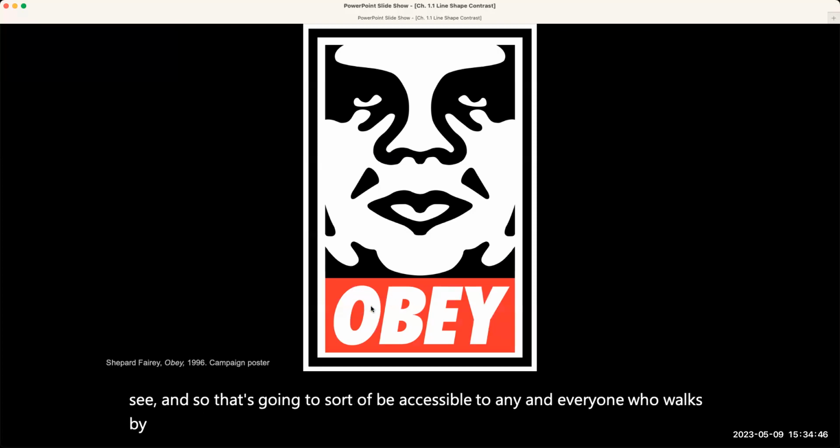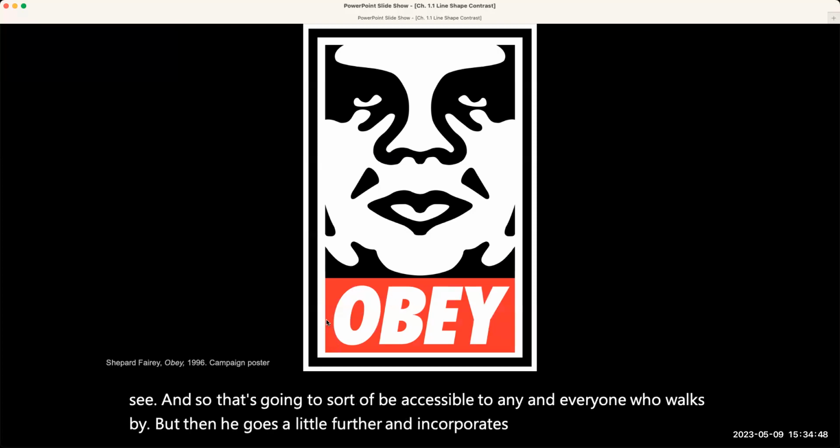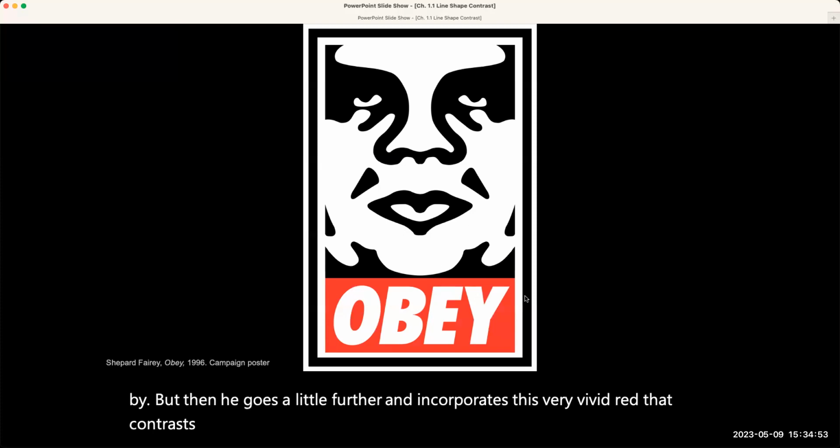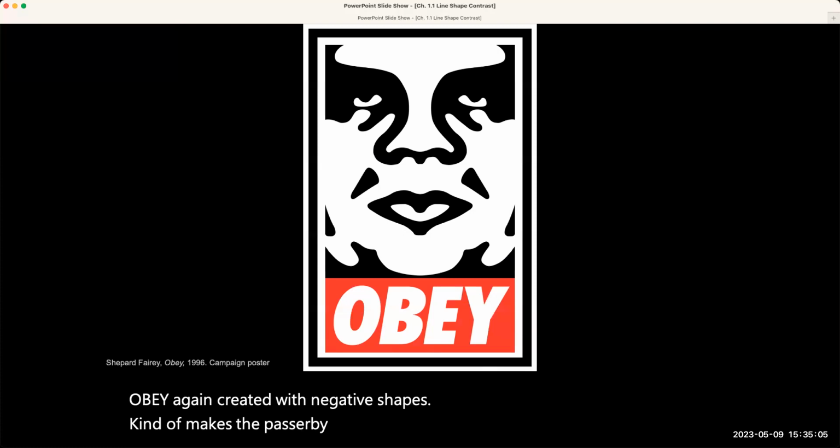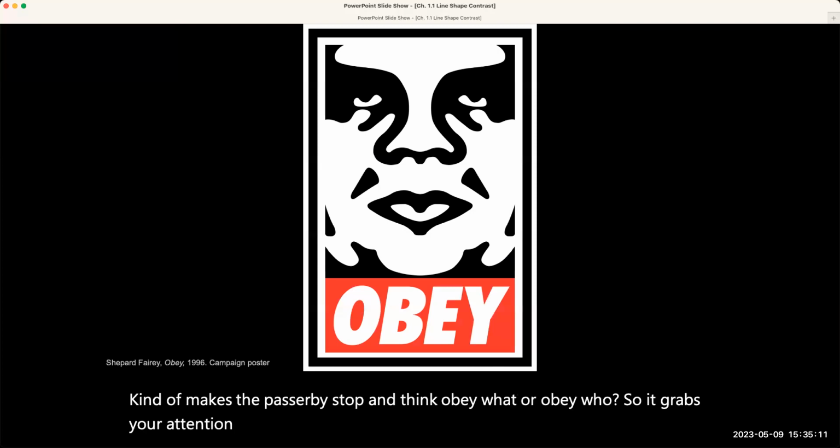But then he goes a little further and incorporates this very vivid red that contrasts with both the black and the white. And then the cryptic slogan, Obey, again created with negative shapes, makes the passerby stop and think, obey what or obey who? So it grabs your attention and piques your interest just enough that you want to learn more.